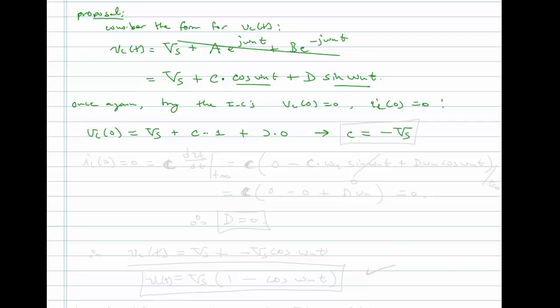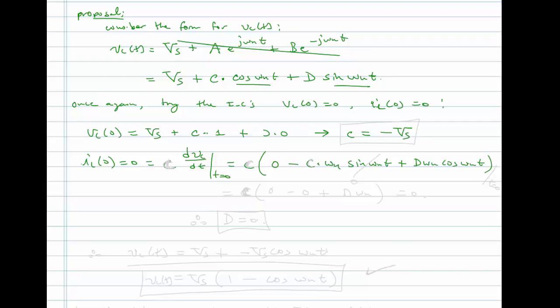Then we have to satisfy the condition that IL of 0 is equal to 0, and that we have found by saying C dVc dt at time 0 is equal to 0. So let's take the derivative of our expression above. We'll get 0 for the derivative of Vs. We'll get minus c times omega n sine omega nt, and plus d omega n cosine omega nt.